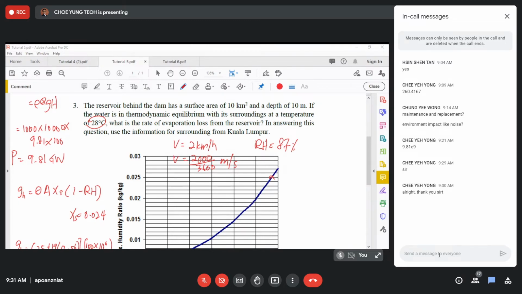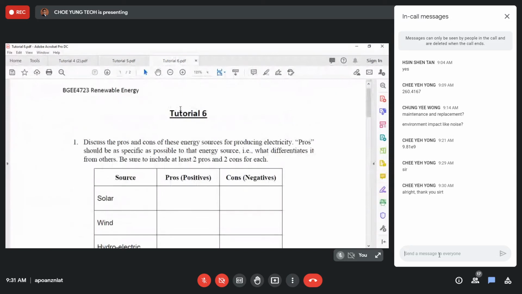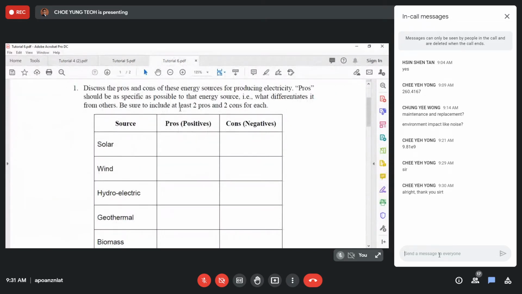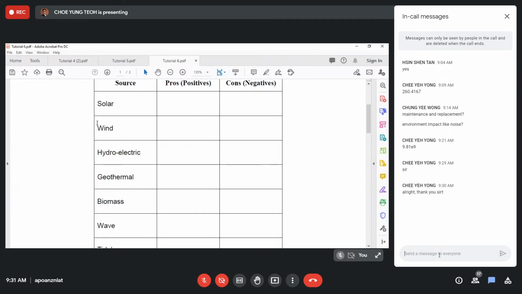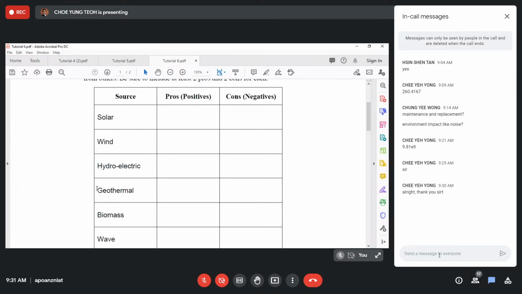So let's continue on tutorial 6. Discuss the pros and cons of these energy sources for producing electricity. The pros should be as specific as possible to that energy source, for example, what is the difference from others. Be sure to include at least 2 pros and 2 cons for each. Here we have 7 types of renewable energy, and you need to give the advantage and disadvantage of each of them.